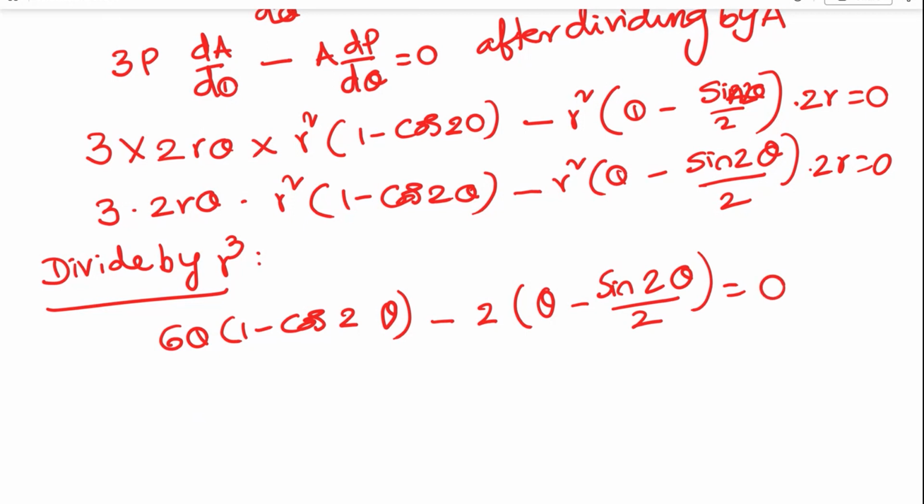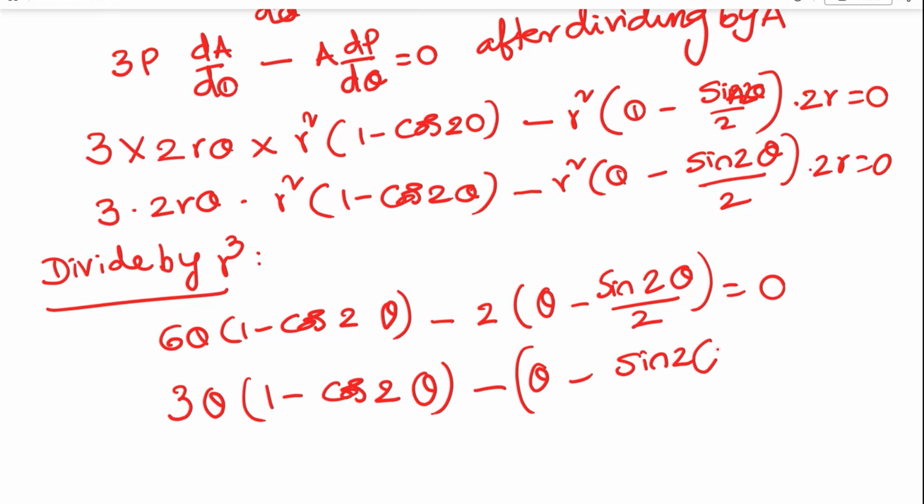Again we can simplify it. I can divide by 2. So if I divide by 2, 3 theta into 1 minus cos 2 theta minus theta minus sine 2 theta by 2 is 0.